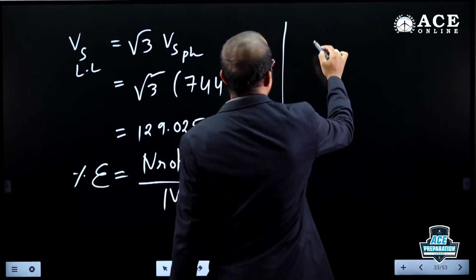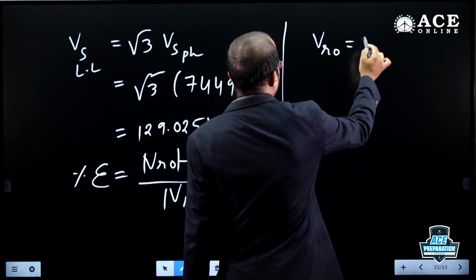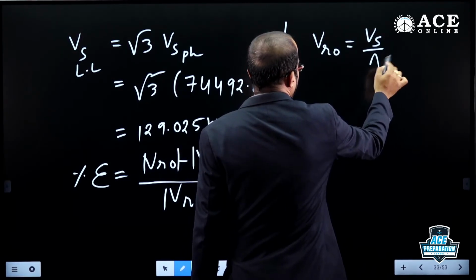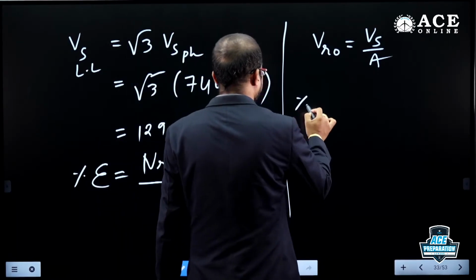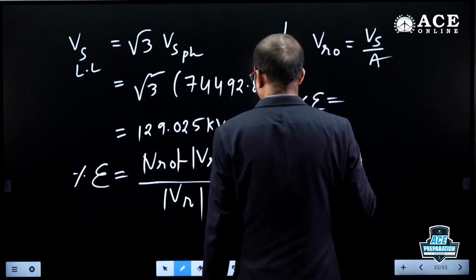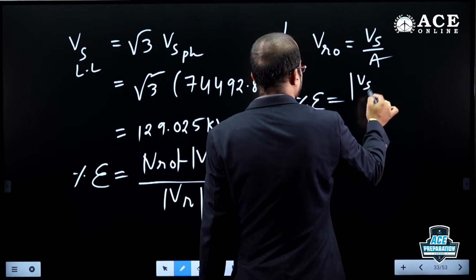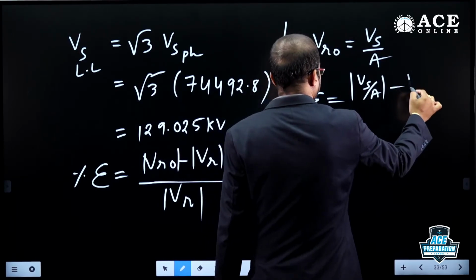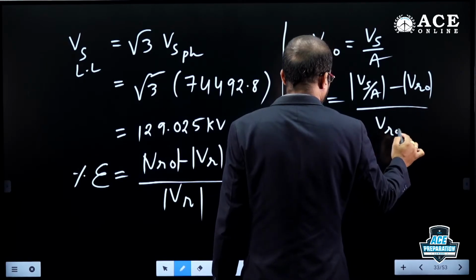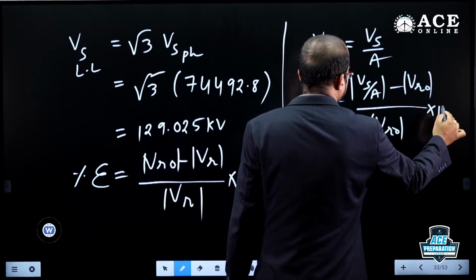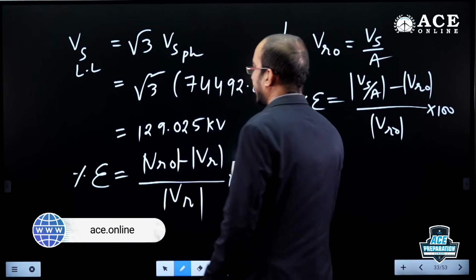So how do you calculate? VR naught value is Vs by A. Yes or no? VR naught value is Vs by A. So we can write the percentage regulation as mod of Vs by A minus VR naught by VR naught into 100.